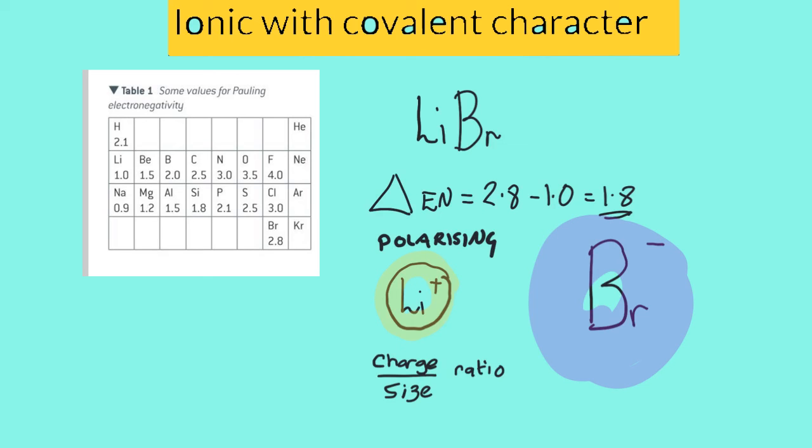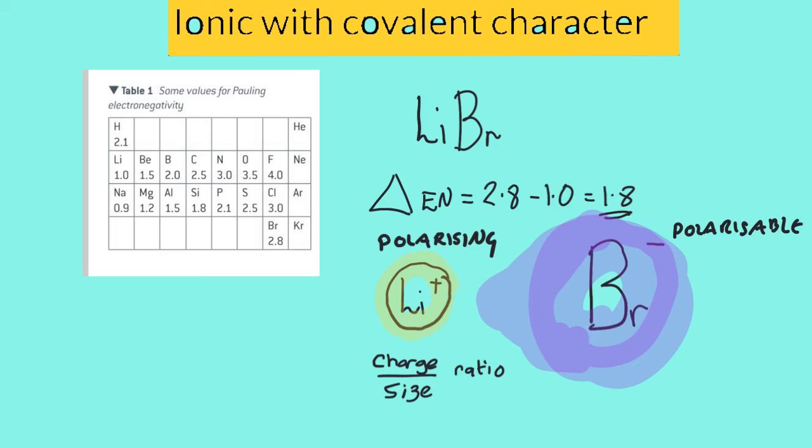The bromide ion, because of its large size, has an outer electron cloud that can become distorted and be pulled towards the small lithium ion. So we tend to get some electrons appearing between the two ions, which is some covalent character. And we say that the bromide ion is very polarizable.